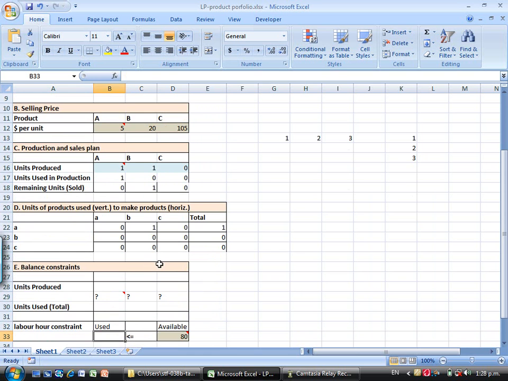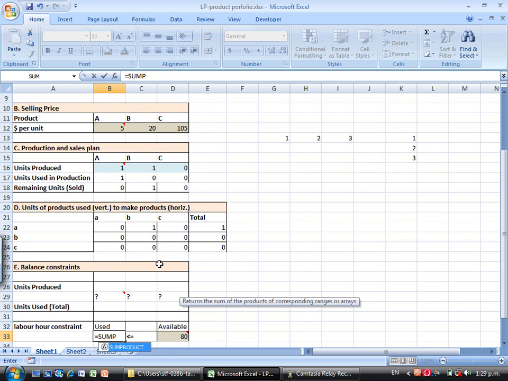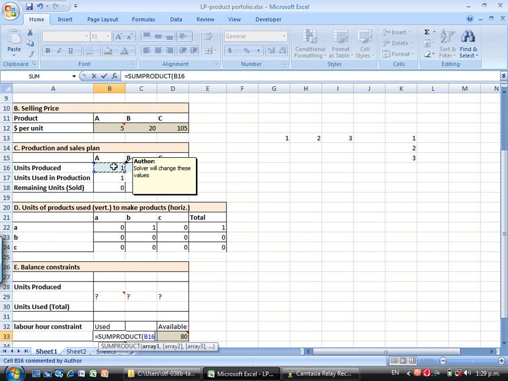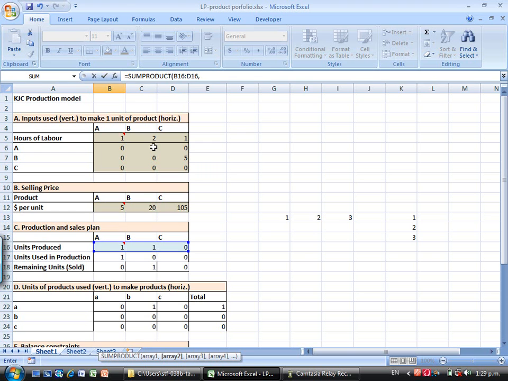Now, what we're going to look at now is the constraints. First one I'd like to look at is the labour hour constraints, and the number of labour hours used will be equal to the sum product of the number of units produced multiplied by the hours of labour required for each product.